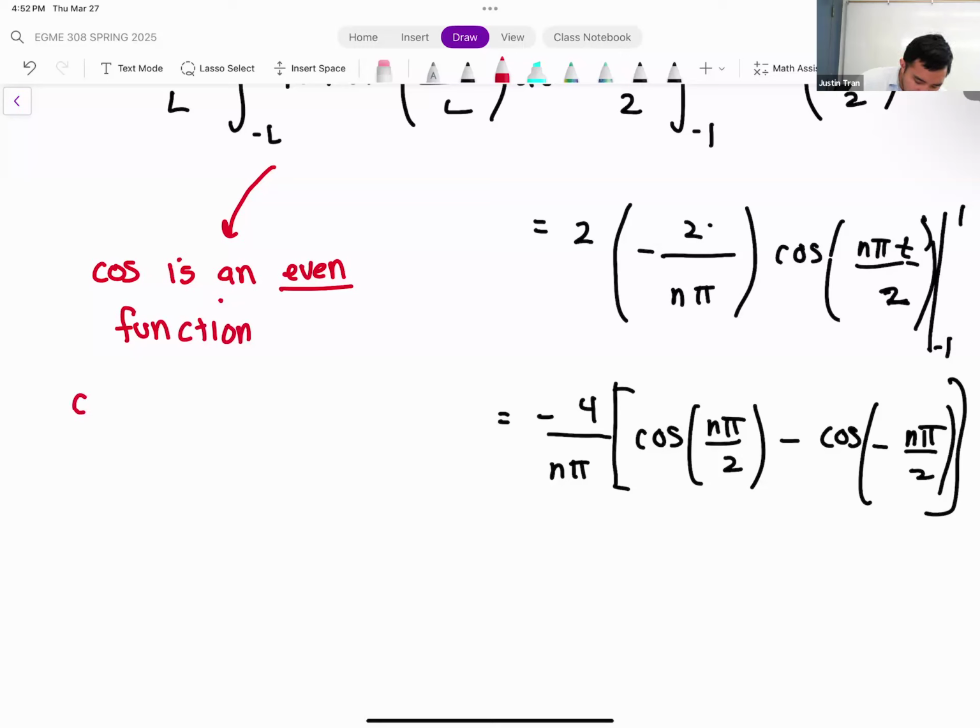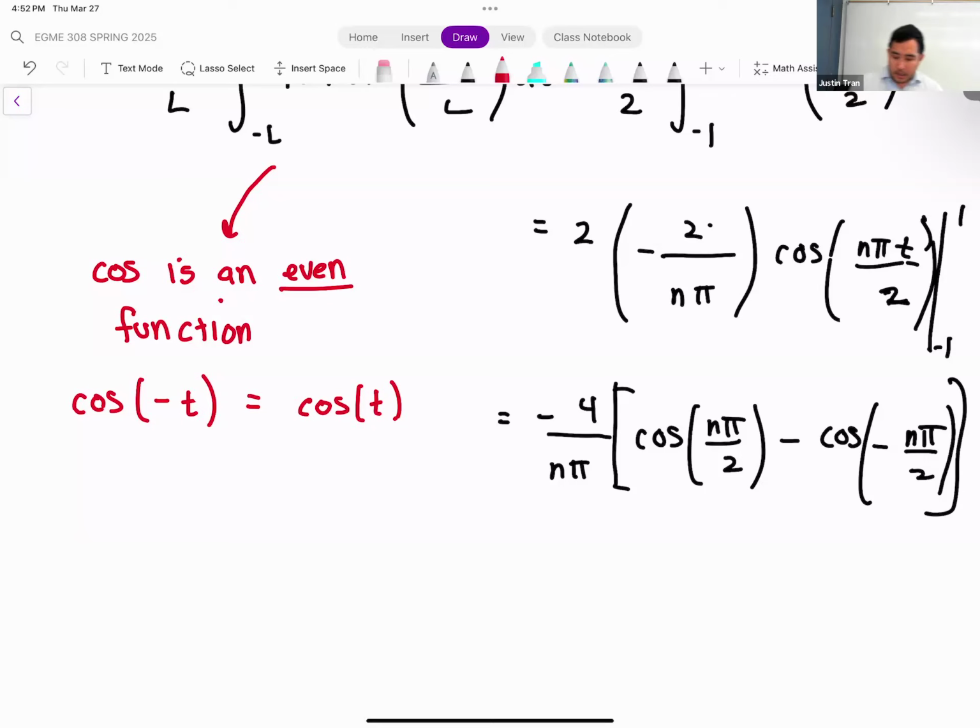So what that basically means is that if you have a negative argument within cosine, let's say that you have cosine of minus t, the hallmark of the even function is that it is symmetric across the vertical axis, across the y-axis. So cosine of minus t is just the same thing as cosine of t.